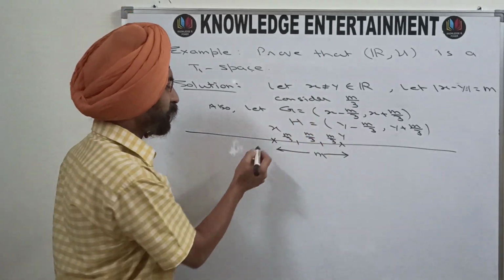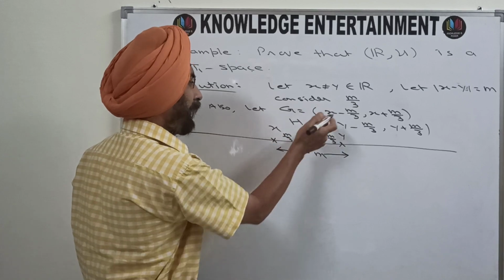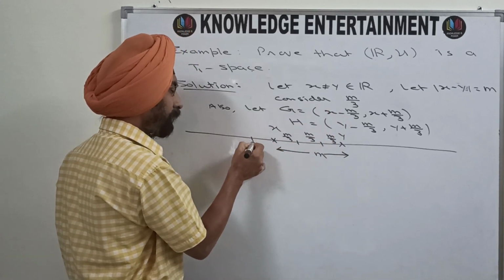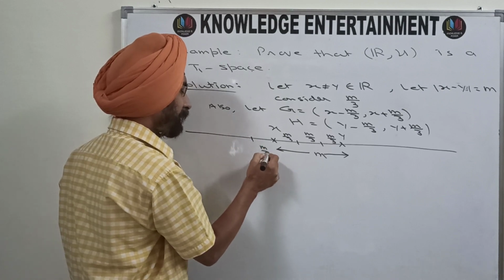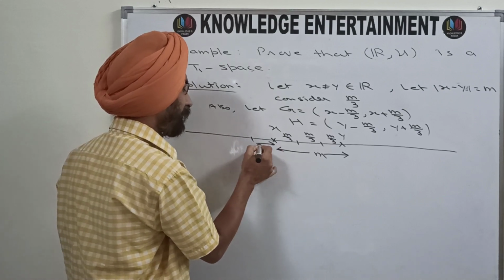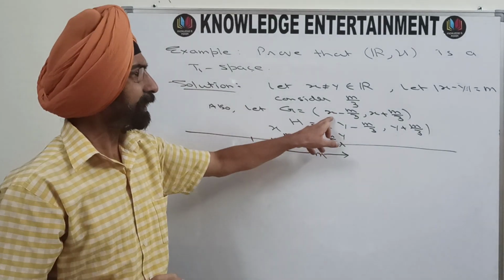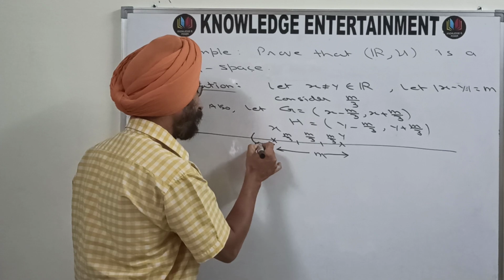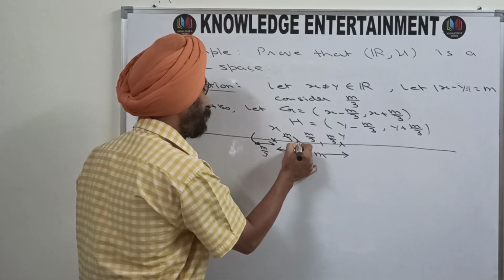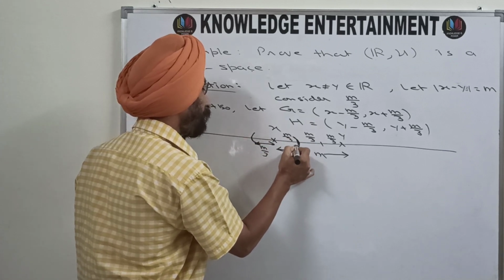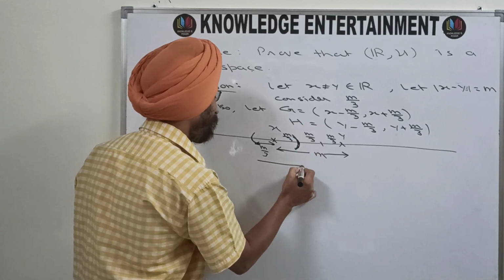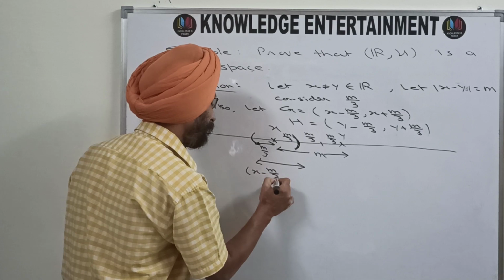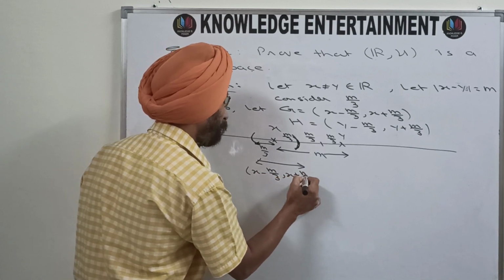G, this is your x, it is x minus m by 3, this distance is m by 3, so there will also be m by 3 distance on the other side, and the open interval x minus m by 3, x plus m by 3 will be something like this.